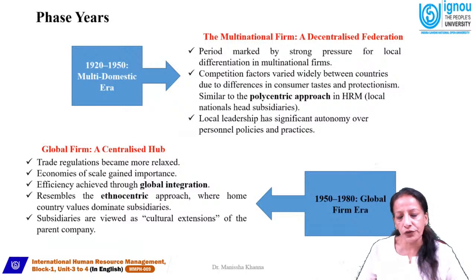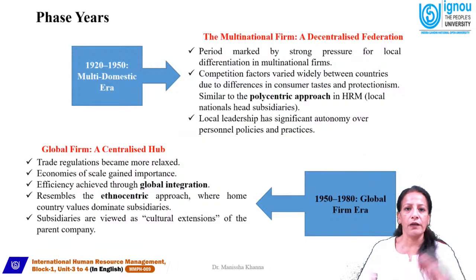They have control of the decision making processes, and when it comes to scaling or regulations, they take the major chair. So subsidiaries are viewed as cultural extensions of the parent company.